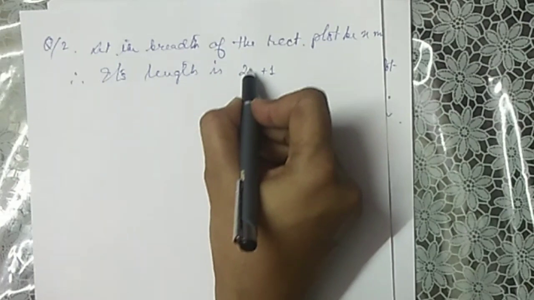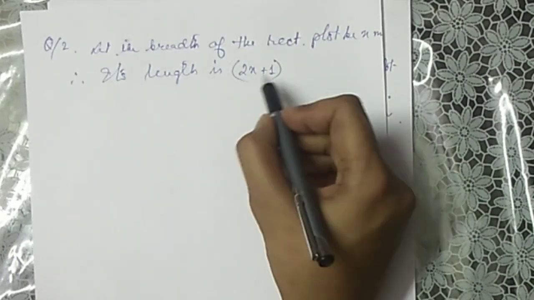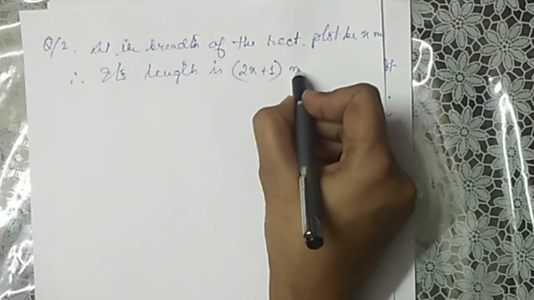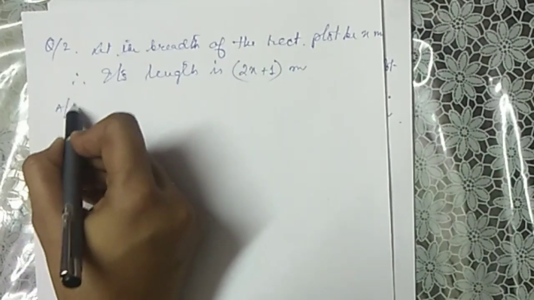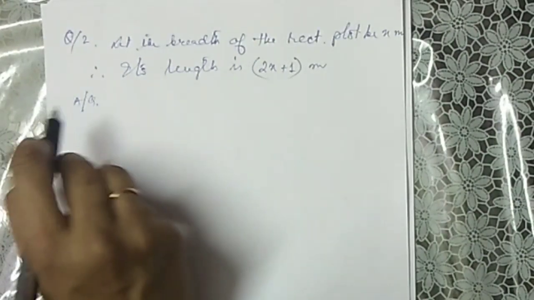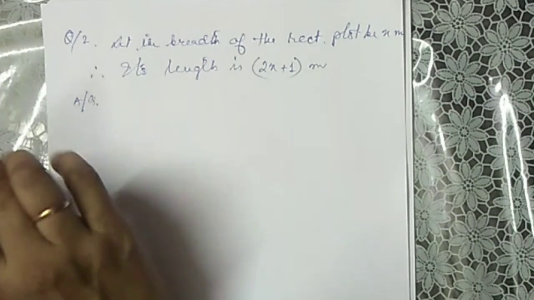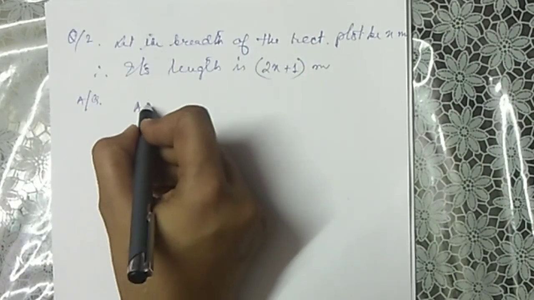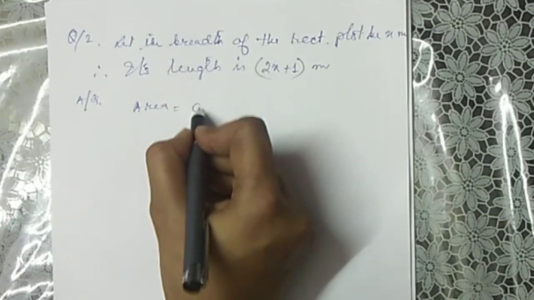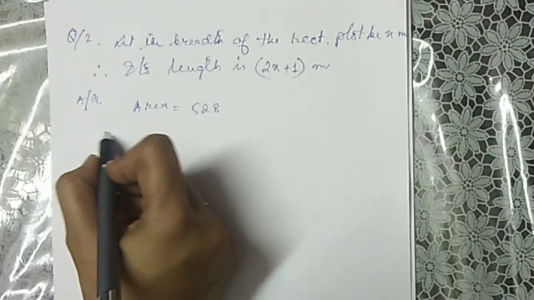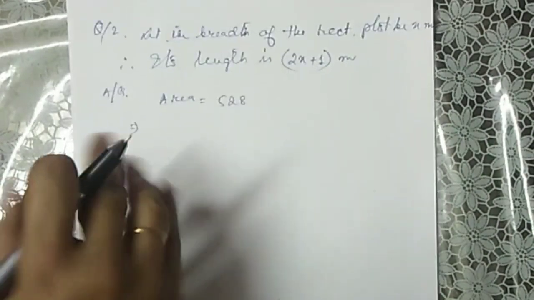Thus it becomes twice x plus 1 meter. Now you follow the first sentence to get the equation. According to the question, area is equal to 528 meter square. No need of writing the unit.